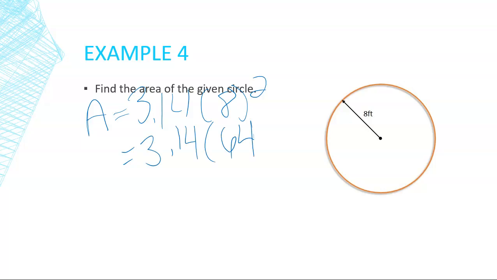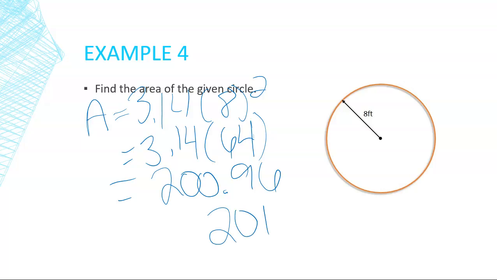And then I want to type this on my calculator, which gives me 200.96, which rounds to 1 decimal place. I'd round up over here to the 9, which turns it into a 0 and puts that as a 1. So 201 feet squared.